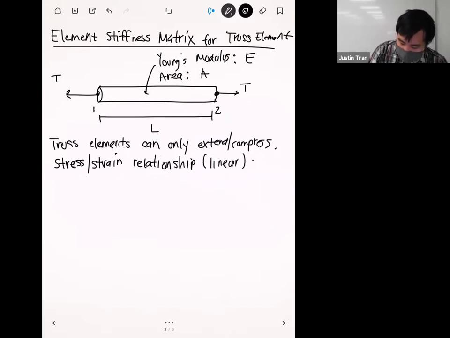Just like we've been doing with static structural, we have simply stress is equal to Young's modulus times the strain. So we have the very standard Hooke's law for a linear isotropic material. And let's use this expression as the basis on which we can derive our element stiffness matrix.